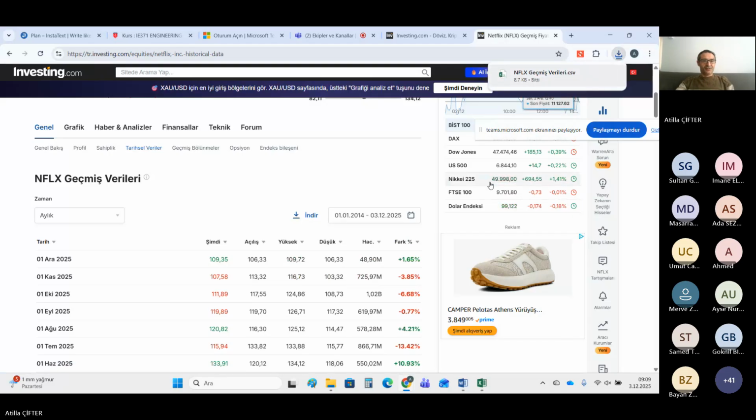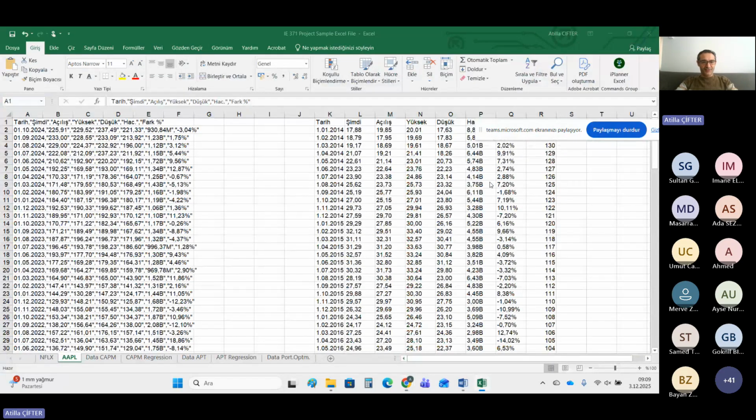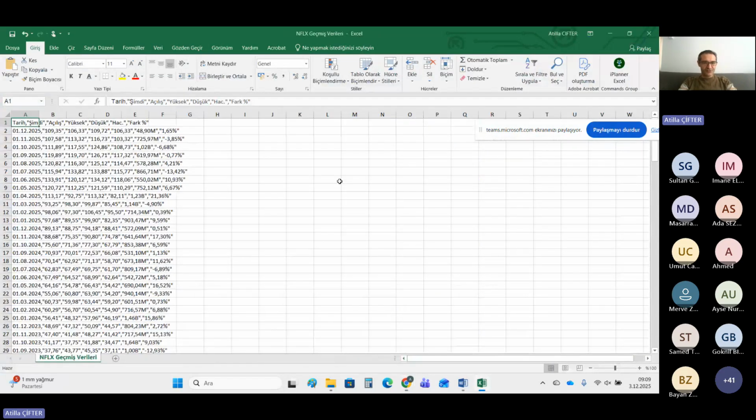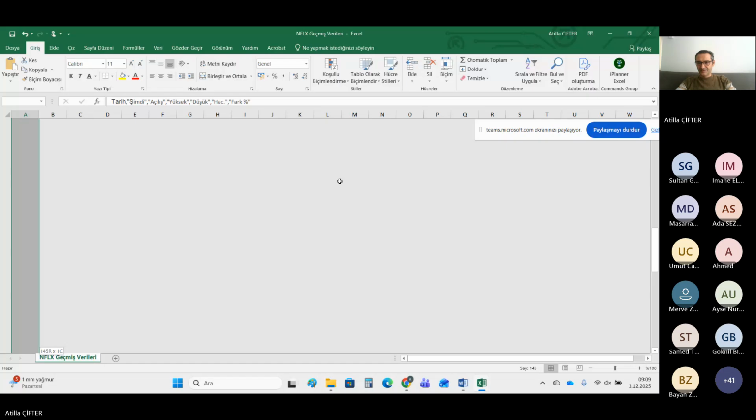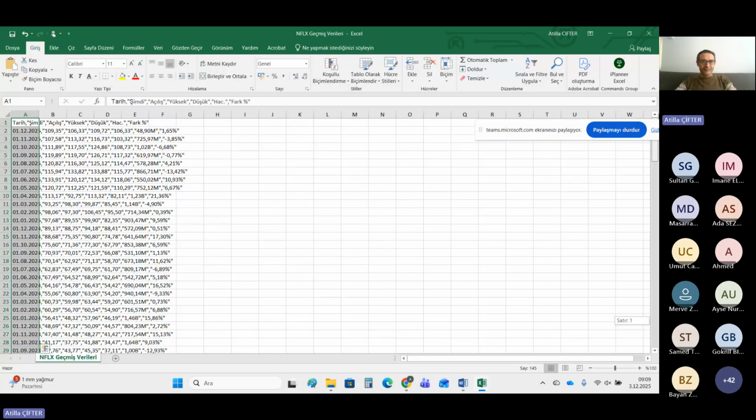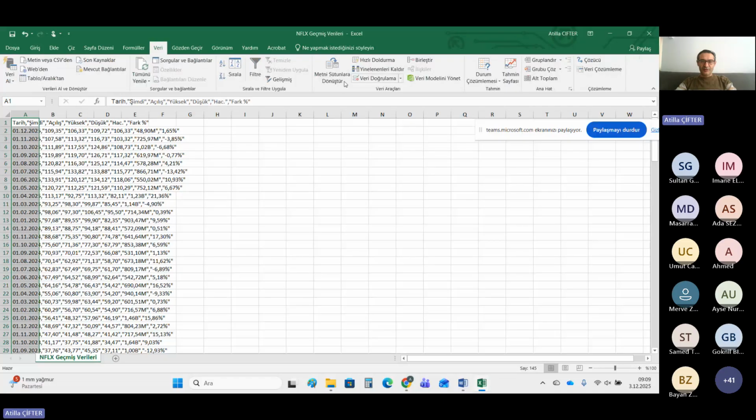So here, how can we transform this data? We will first select all of them. Then Data, Convert Text to Columns.